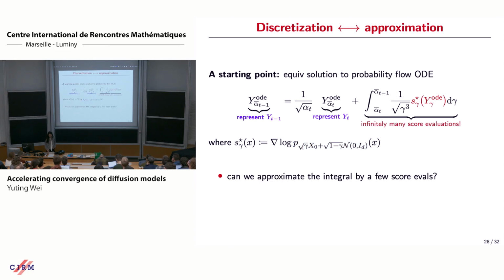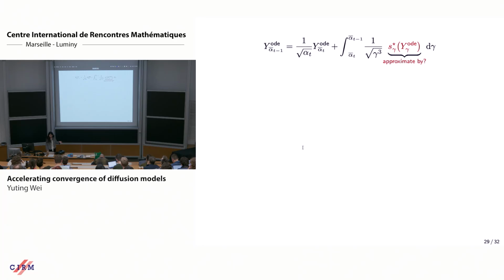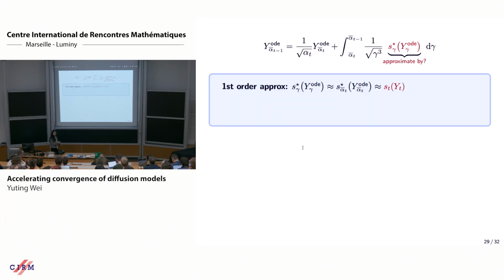Then if you want to design a sampler, we need to discretize this equation, right? Otherwise, you need to evaluate this integration, and that requires you to learn the score function everywhere. So probably the simplest way is to approximate this integration by the endpoint. If you do that, you take the function to be the one at the endpoint, because the interval is very short, and that recovers the original DDIM.